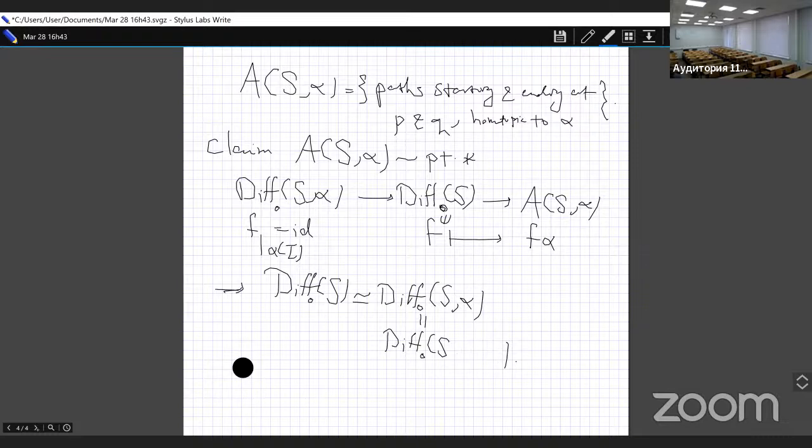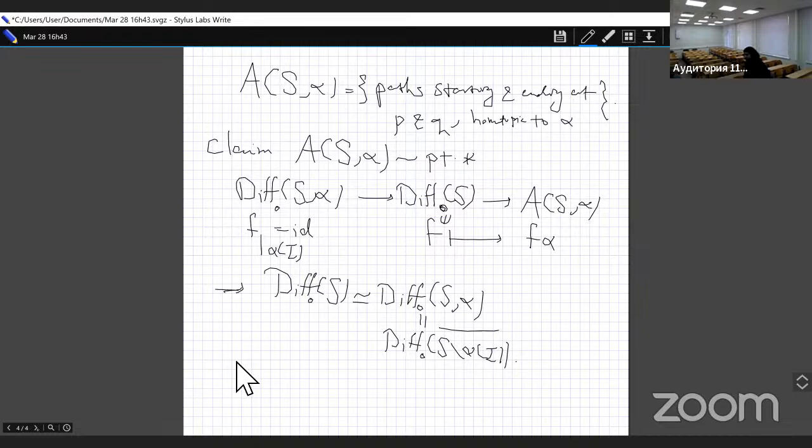Again, we need to assume that alpha does not have self-intersections. If alpha has no self-intersections, the claim is Diff-naught S alpha is the same as Diff-naught of S cut along alpha.